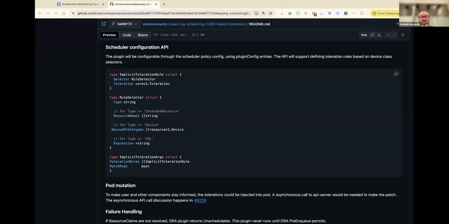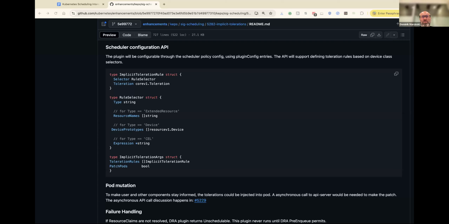But there is a concern that we may need this more detailed information during scheduling, whether to apply toleration to a node or not, or to a pod. So if we don't use the tainting mechanism at all, then everything could be implemented in the DRA plugin.